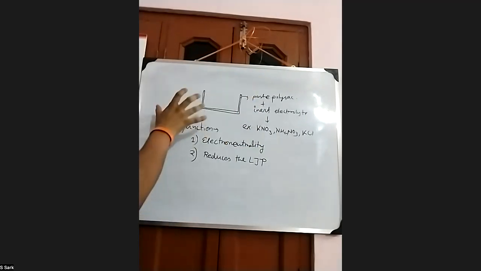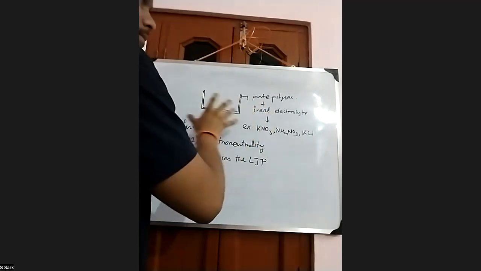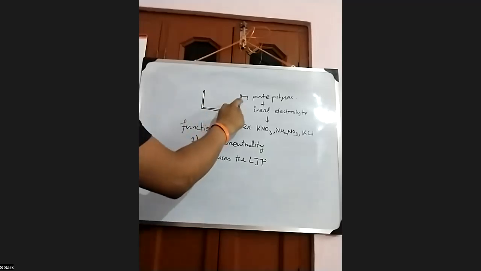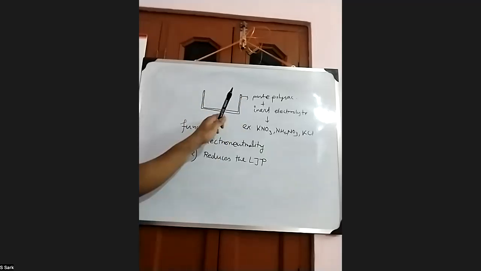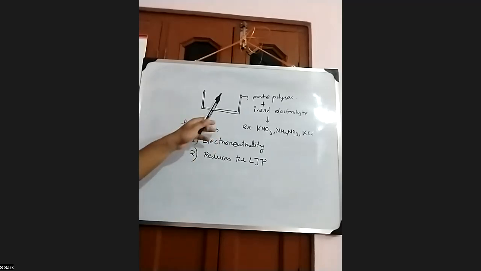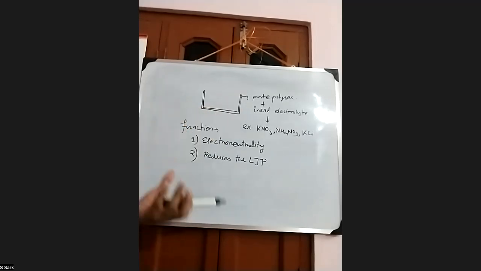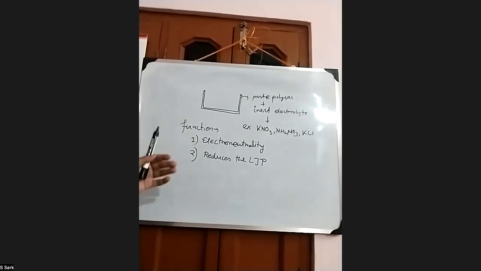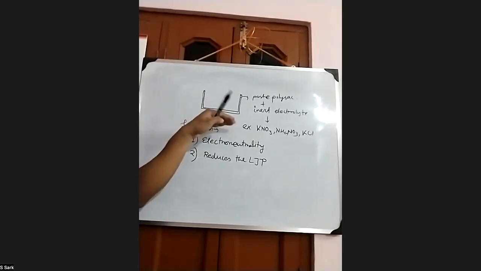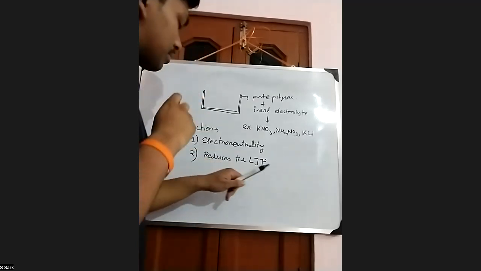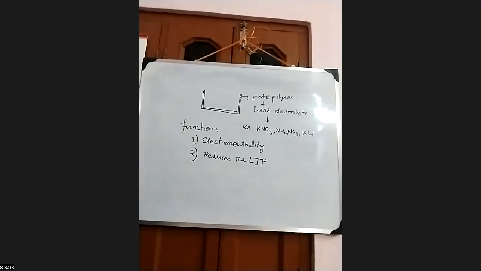If the two electrodes are not connected through a U-tube like this, then the potential difference between the two half cells will be much bigger, and it will surely stop the reaction whenever we do not use the salt bridge. So this is how a salt bridge reduces the liquid junction potential of an electrochemical cell and also brings electroneutrality to the electrochemical solution.